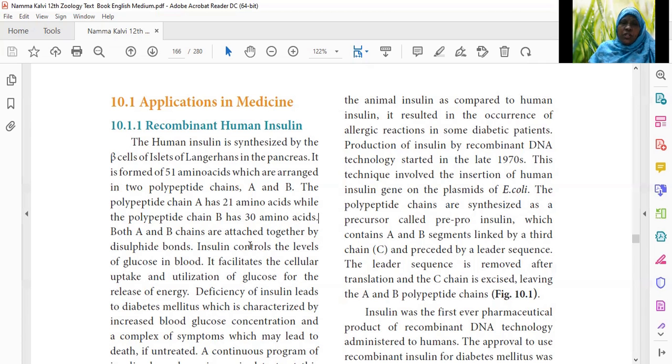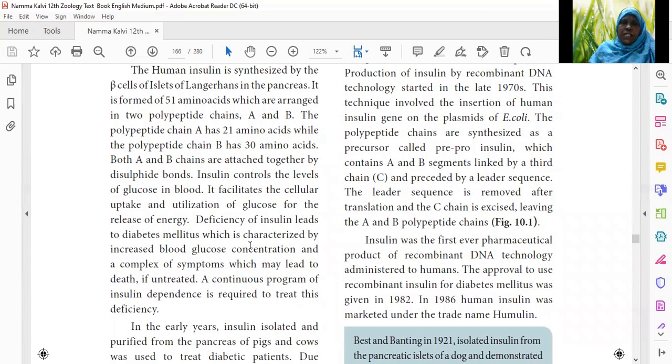So this is about how insulin is secreted in the body, what its chemical structure is, and how it functions, making glucose to be oxidized so that glucose level in the blood is under control.